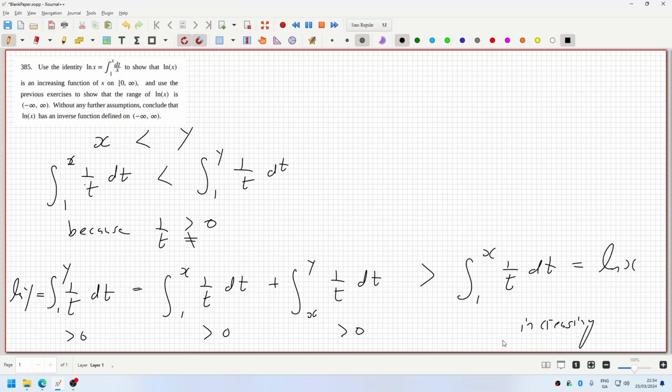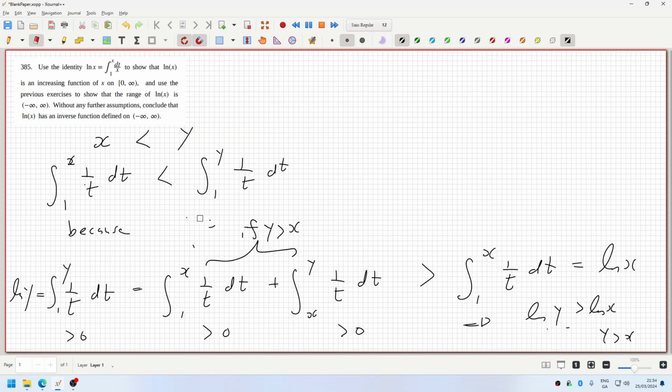This shows that log y is more than log x, where y is more than x, and y has to be more than x so you can do this split. So I think that proof perhaps is a little bit better than what I was trying to do a moment ago.